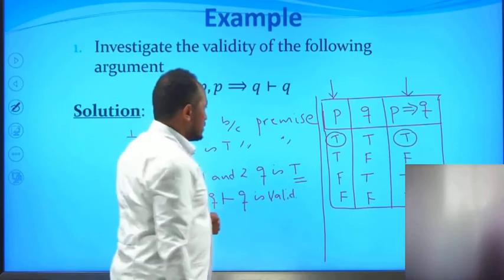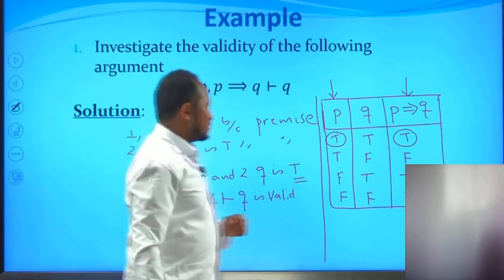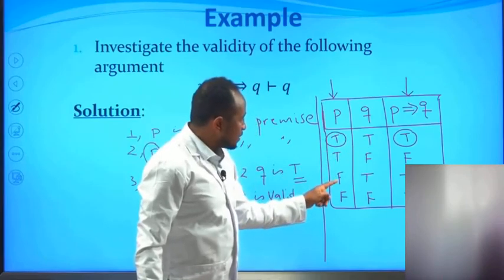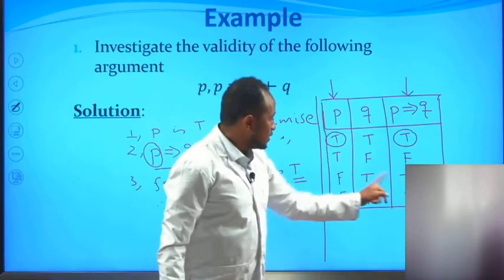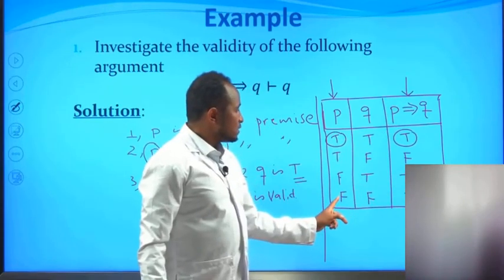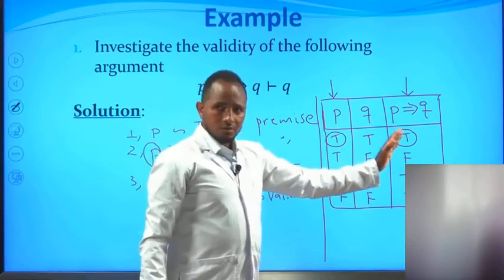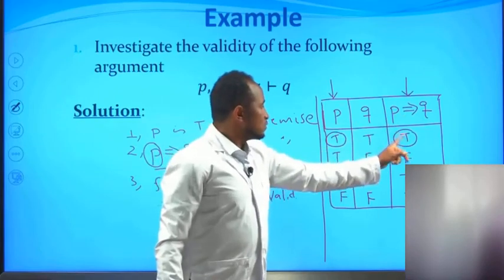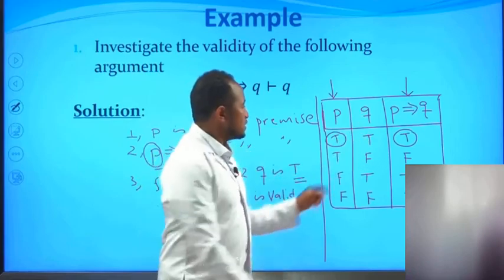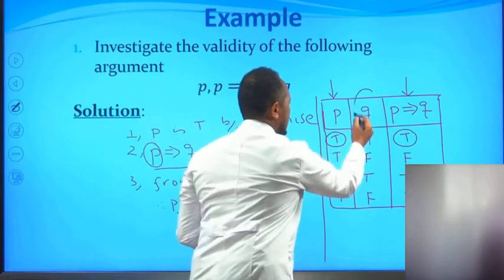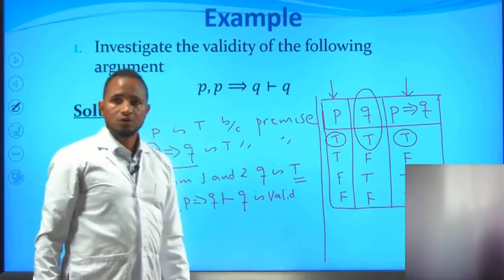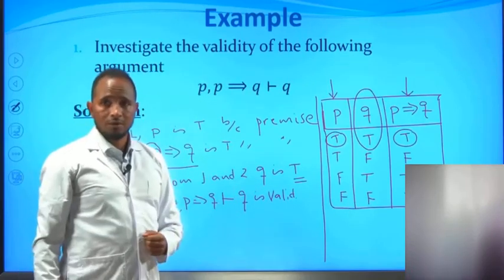Is there any other combination where the premises are true? I think we don't have any other. In the other rows, P is false. Therefore, for the premises P and P implies Q being true, the conclusion Q is true. Therefore, the argument is valid. So we can use a truth table, by the way.